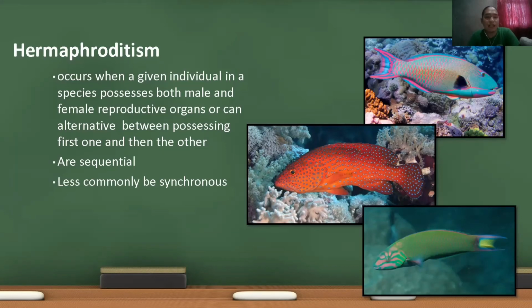Usually, they are sequential, meaning they can switch sex, usually from male to female, protandry, and female to male, protogyny. The example species here are the groupers, clownfishes, and wrasses.